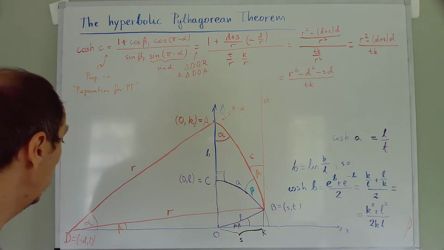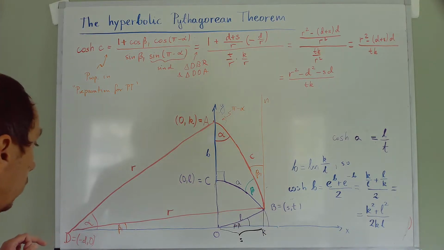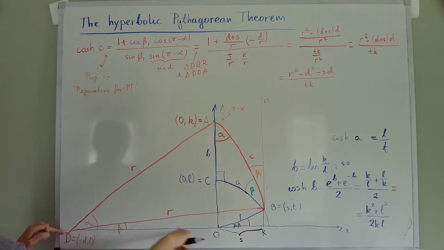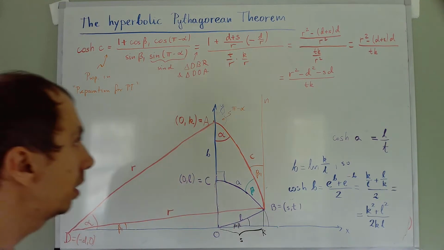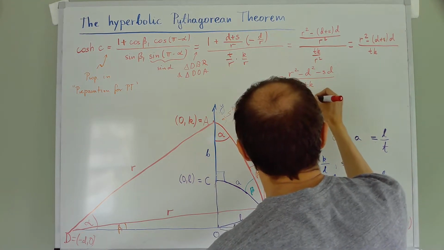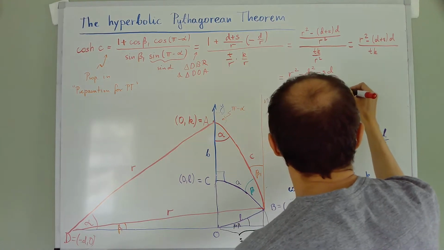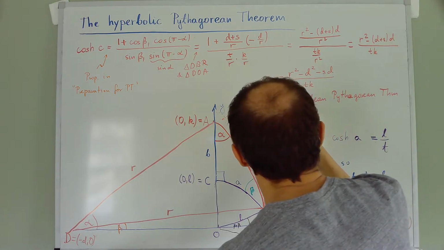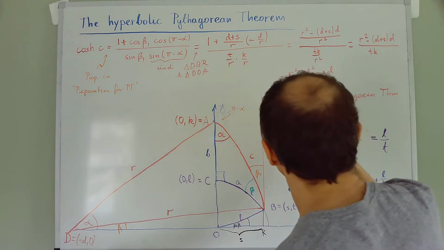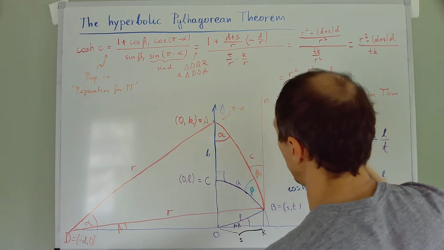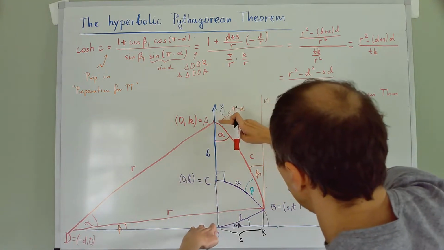But r squared and d squared, where are we with those? This triangle here, right? R squared minus d squared by the Euclidean, so standard Pythagorean theorem, for the triangle DAO, we get that r squared minus d squared is equal to this, which is k squared.